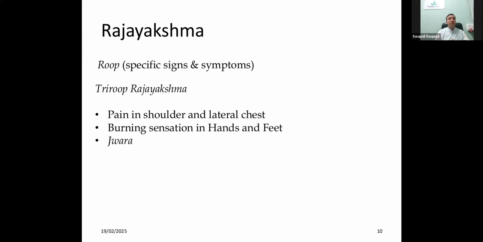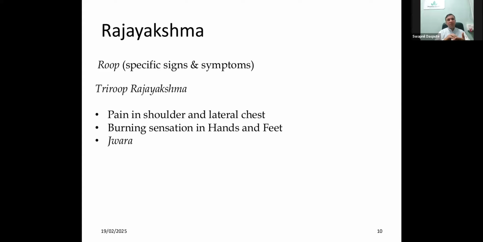In the Rupa stage, we saw based on the specific signs and symptoms, three Rupa. So three signs are seen in three Rupa Rajayakshma. Now here, based on the number of signs and symptoms, it is three Rupa, Shad Rupa, Ekadasha Rupa.